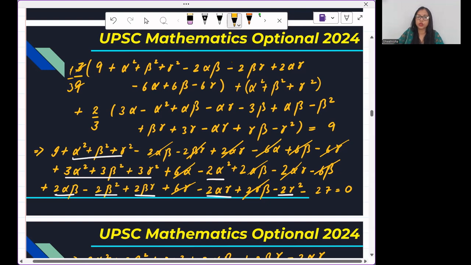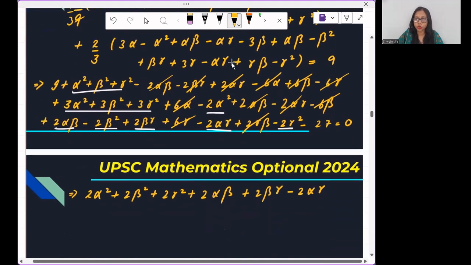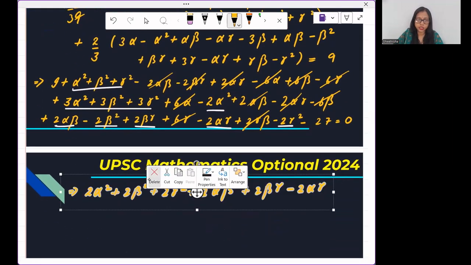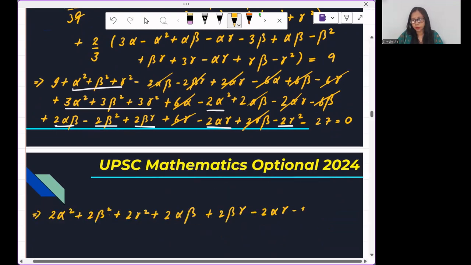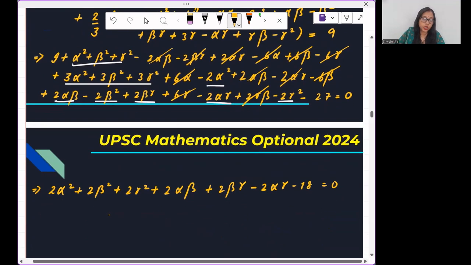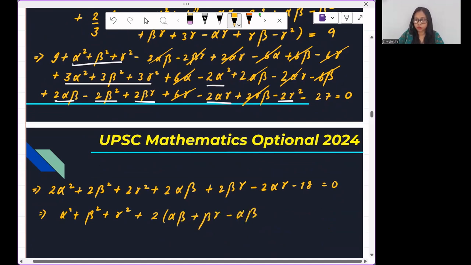So this also cancels. So alpha, beta, gamma are completely gone. And now I have a constant, which is 9 minus 27 minus 18, minus 18 is equal to 0. It implies alpha square plus beta square plus gamma square plus 2 times (alpha beta plus beta gamma minus alpha gamma) minus 9 is equal to 0.